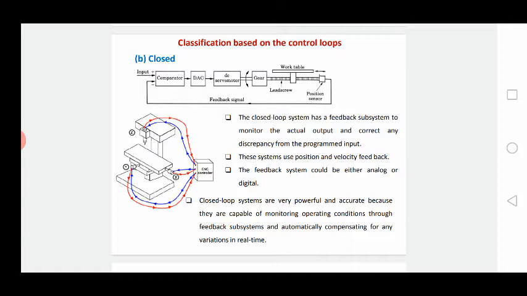We have a comparator, and input is given to the comparator. Commonly it will not compare at first when the commands are given. DAC, the data acquisition, will be there. Then DC servo motors will be there, then gears which get actuated, and it will work. Here there will be sensors which will see what work is going on.